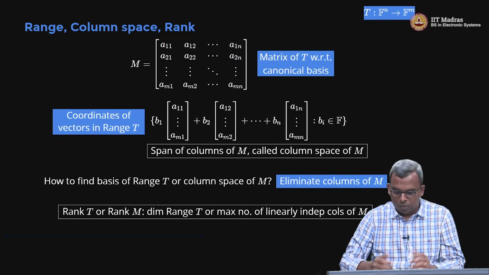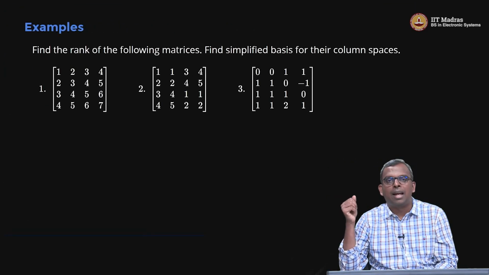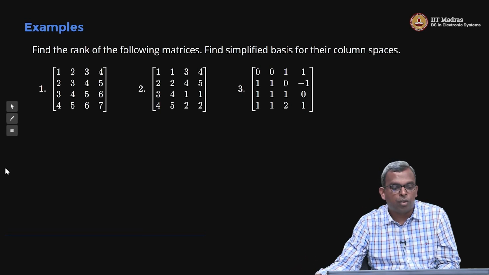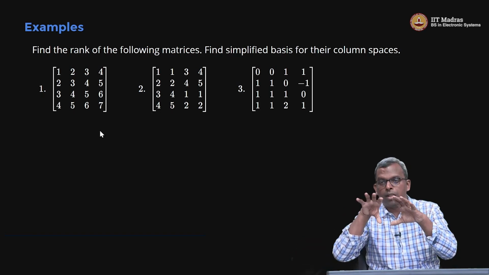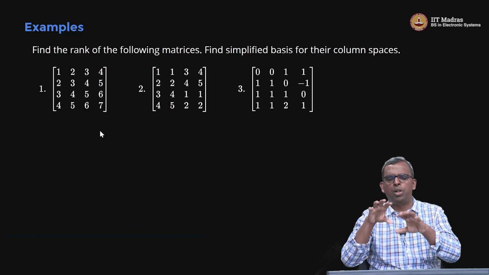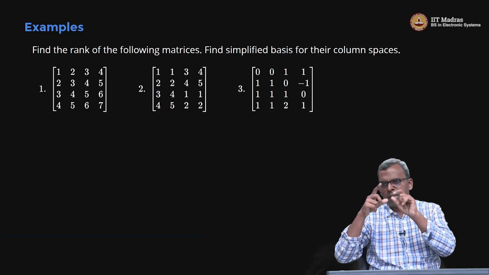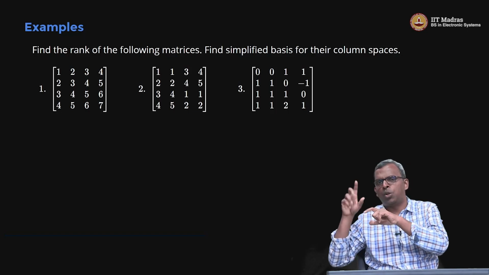Okay. So, you can see examples here. I've put out 3 matrices, and I'm not going to work this out because we've already seen the working out of this. How do you find the rank and how do you find a simplified basis for the column space? Take the columns, think of them as rows, put them down below, and you just eliminate, same thing: find a pivot, make everything below the pivot 0, then do a column swap or row swap if you like, and then make a non-zero pivot.